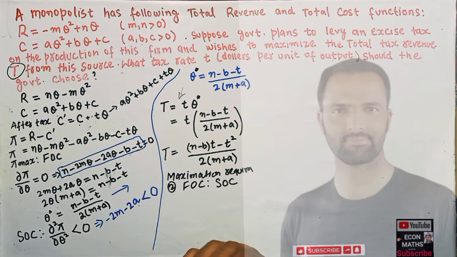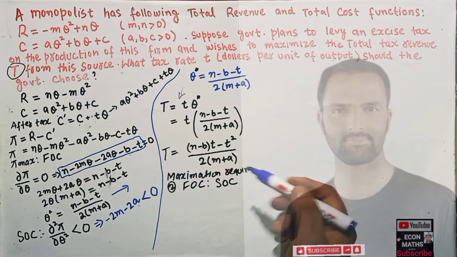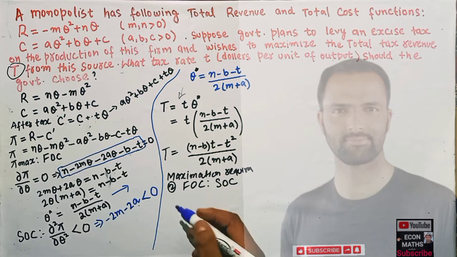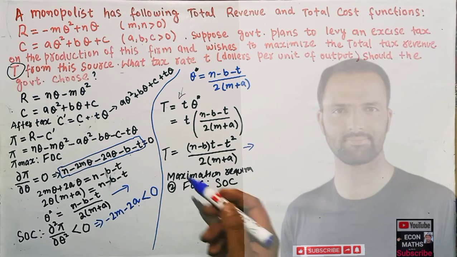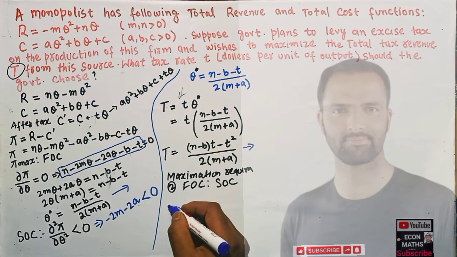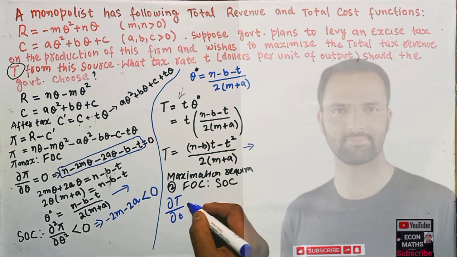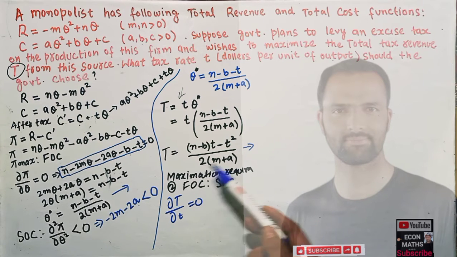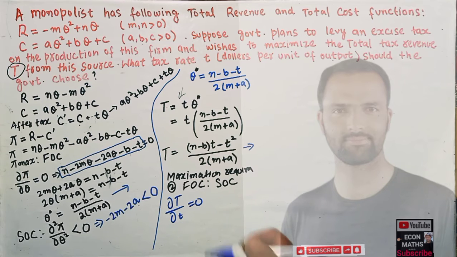What we need to do now, to get the maximum tax rate, we need to differentiate this tax revenue function with respect to t. That means dT upon dt should be equal to 0. That means the derivative of the tax revenue function with respect to the tax rate should be equal to 0.